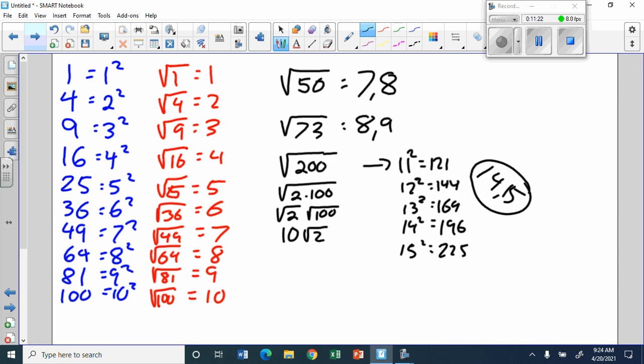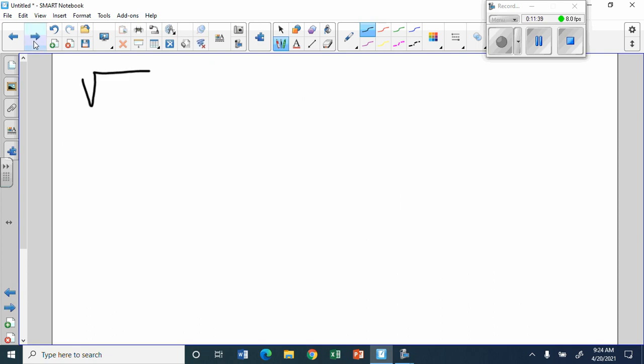Does that make sense? So let's do one more estimation like we did with the square root of 29, where we estimated to the 100th. I'll use the calculator again to find out the numbers. You just talk me through what that number is. Let's say we have the square root of 73. What two whole numbers is the square root of 73 between? 8 and 9.